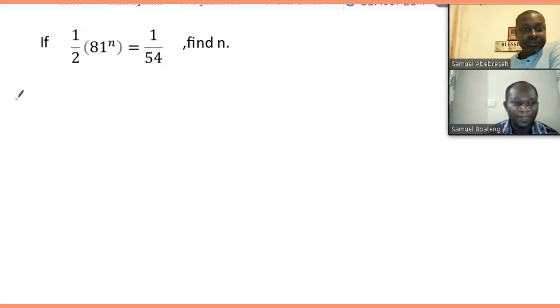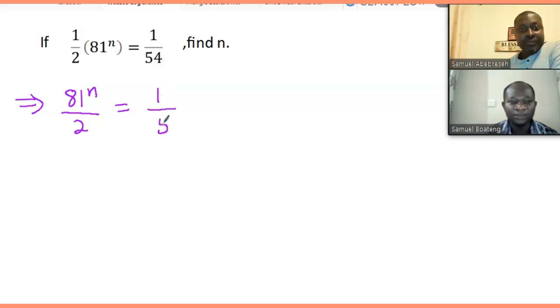First, let's rewrite the question. You can write it as 81 raised to the power n on 2 is equal to 1 on 54.